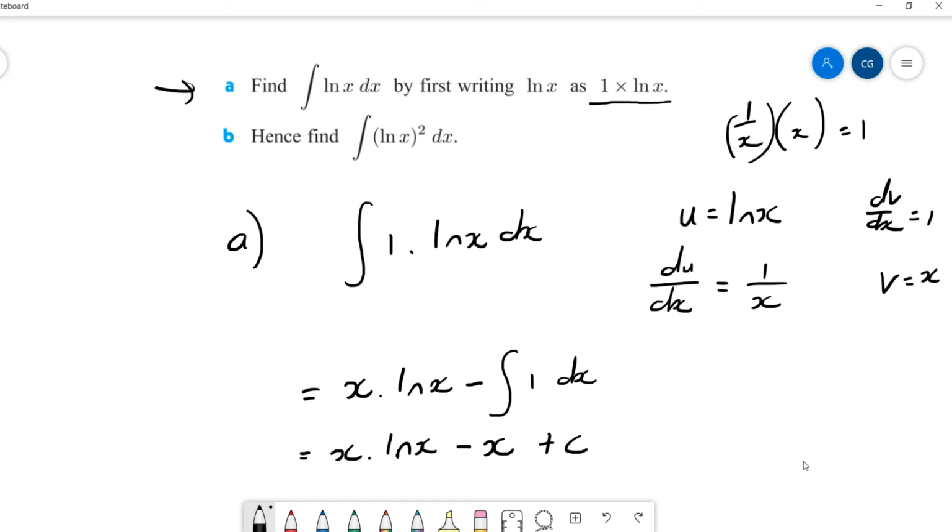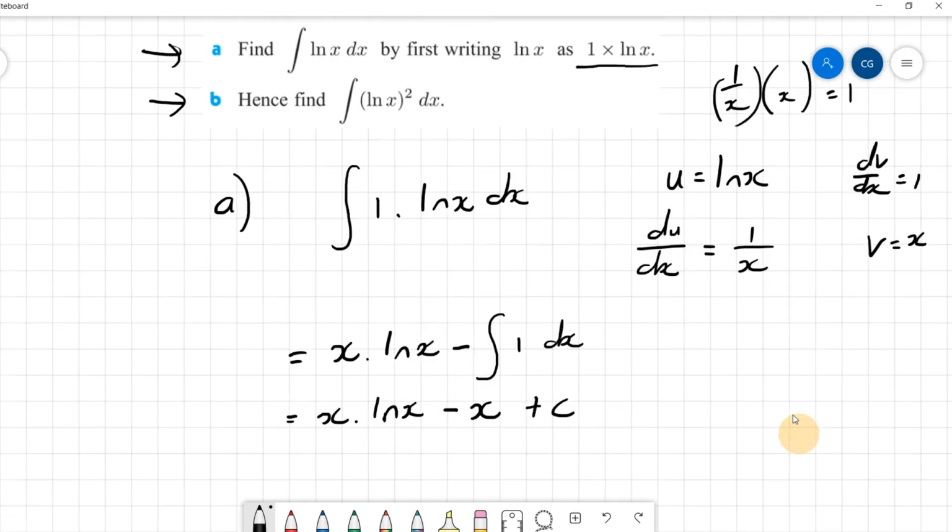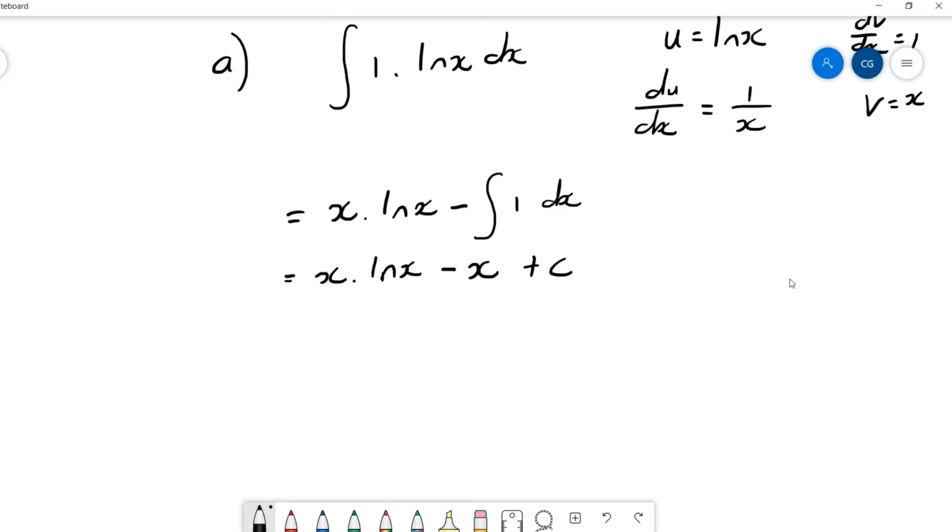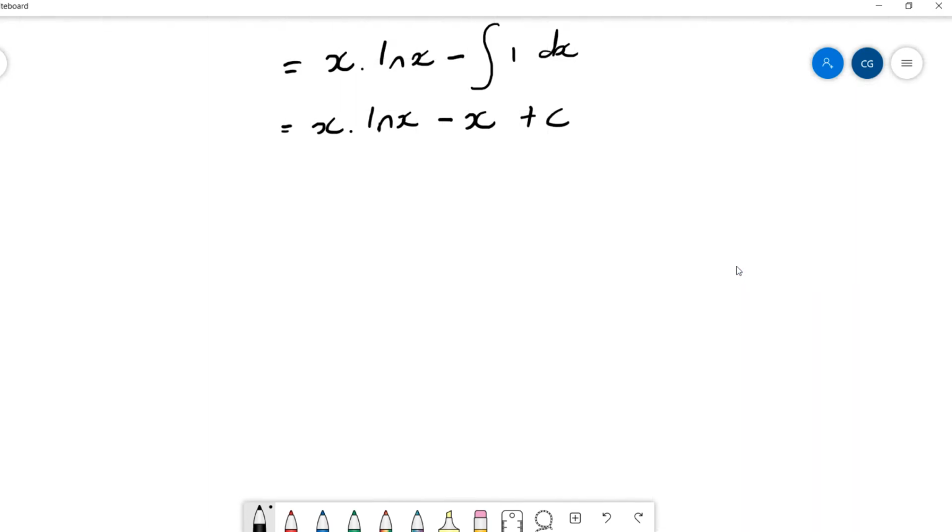Now, for part B, and this is where it gets slightly interesting. Hence, knowing this first part, find the integral of natural log of x whole squared. So let's go and move down slightly to get some space. And then let's start with b.